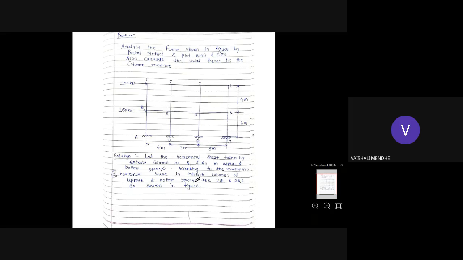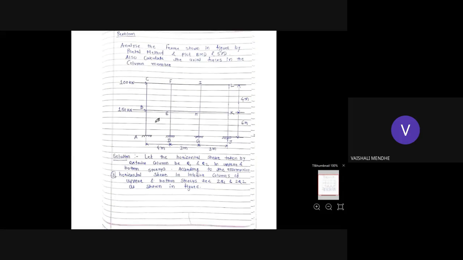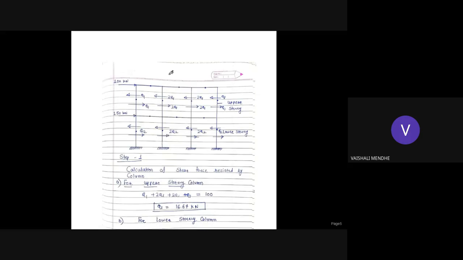In the exterior column we added Q1 and Q2 in the upper and lower stories. In the interior it becomes twice Q1 and twice Q2, and that is shown in the figure below, as per assumption number 3.